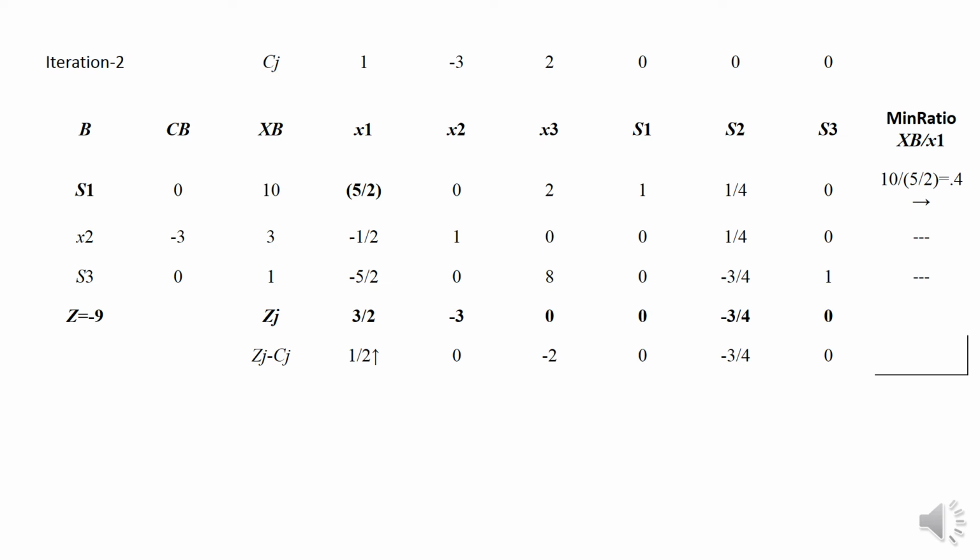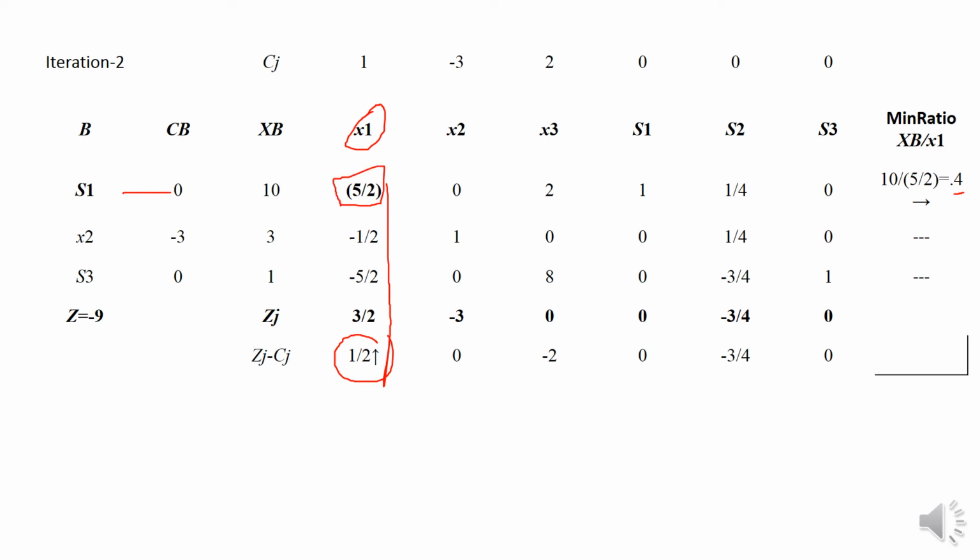We write down the next iteration. Which one is the most positive? This one, this is the pivot element, this is the pivot column, and now we will divide xb by x1. So we get 10 upon 5 by 2, which is 4. S1 is leaving, x1 is entering, and this is the pivot element.